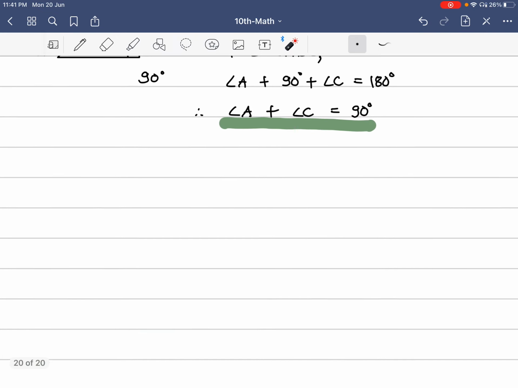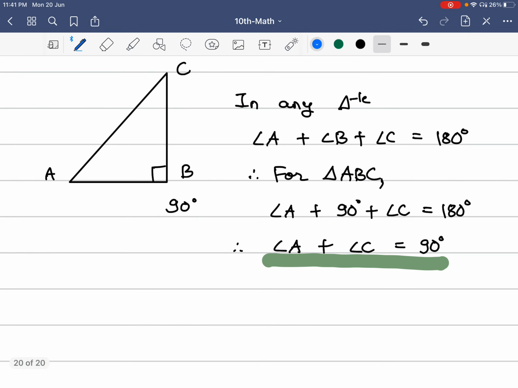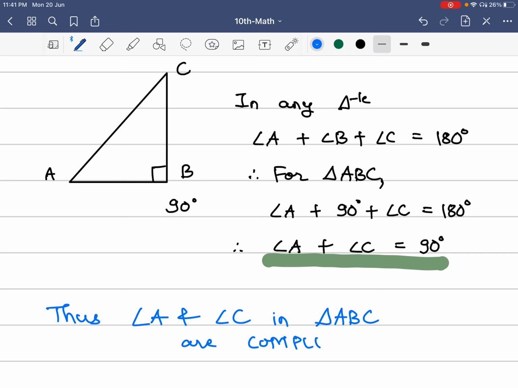Let's make a note of that. Thus angle A and angle C in triangle ABC are complementary angles. This is an important point. These two are complementary angles.